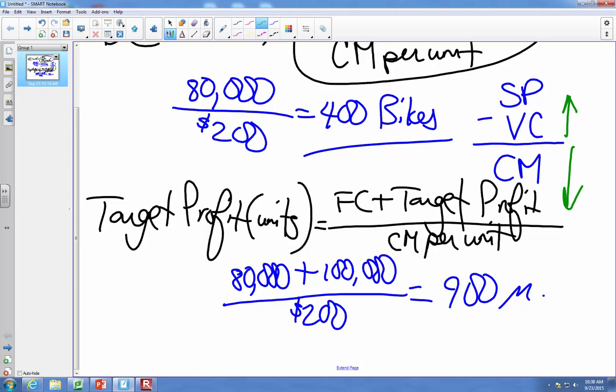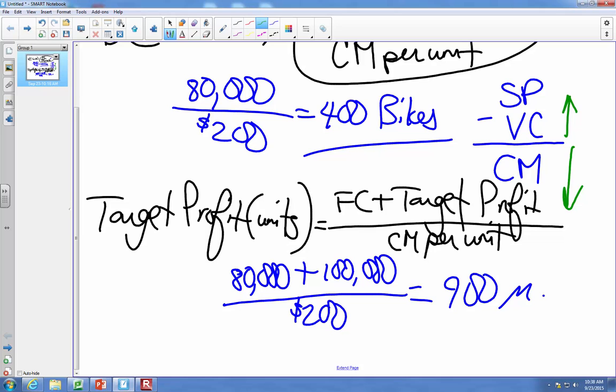Can you work this now? How many bikes am I going to have to sell if I increase commissions $50 a pop and want to make $100,000? But just have a think about what changes. Does my sales price change? No. Does my variable cost change?